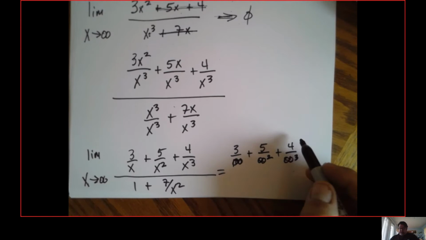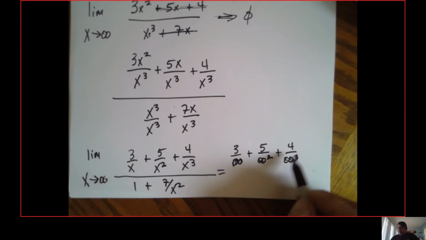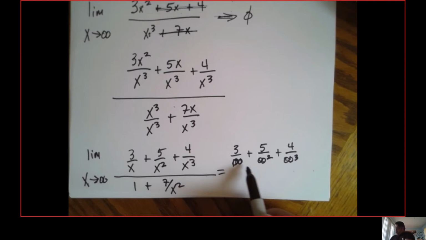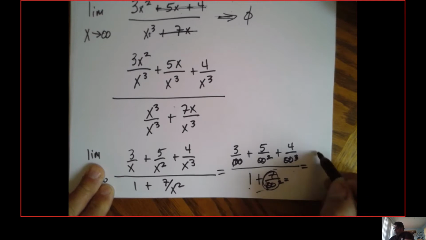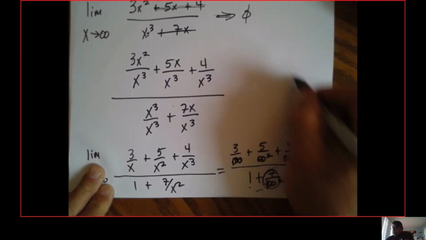Now, we all know that that's going to 0. And we know that 1 plus 7 over infinity squared is going to 0. And 1 plus 0 is 1, so you've got 0 divided by 1, which is 0.